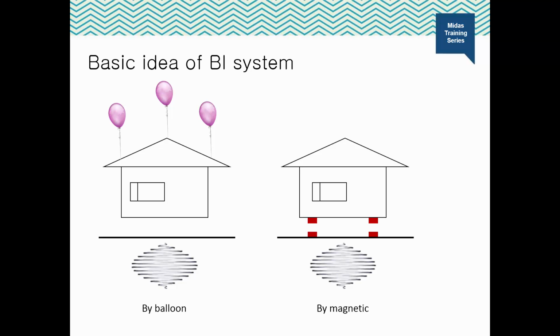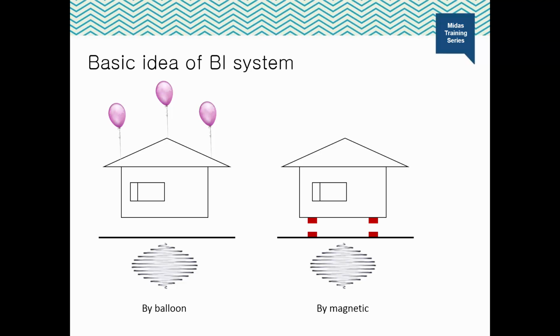The idea of using a base isolator is that the force due to the earthquake should not be transferred to the superstructure. In order to do that, we should somehow isolate the base of the building from the superstructure.